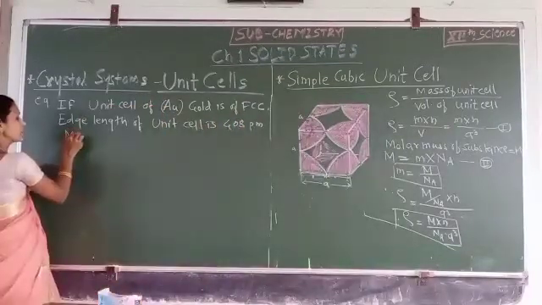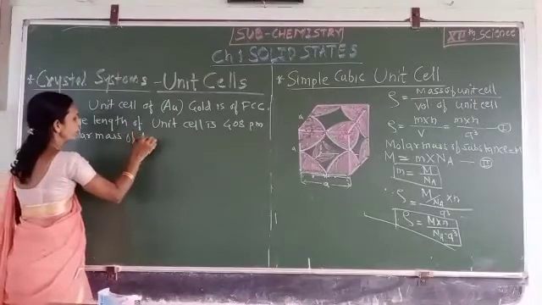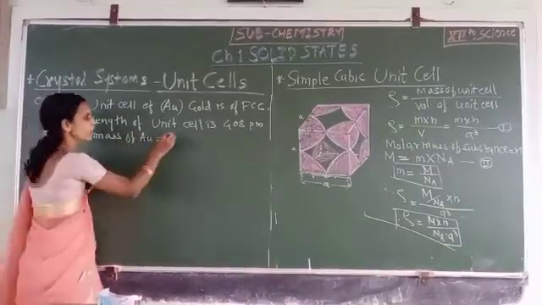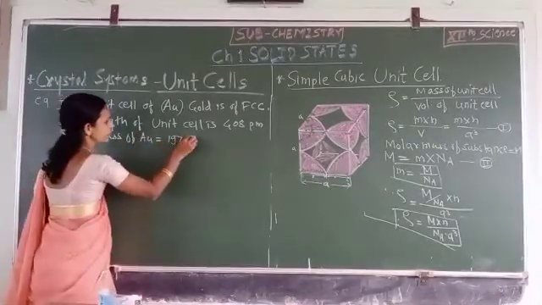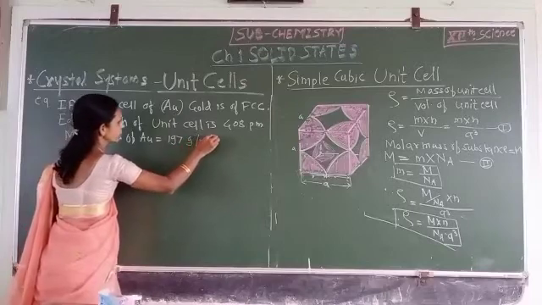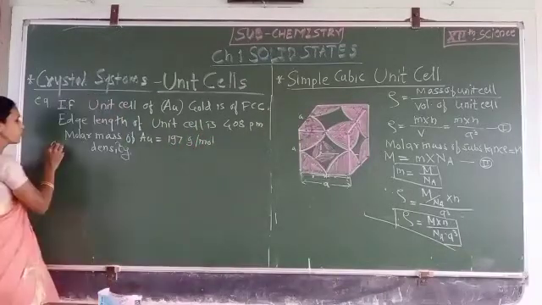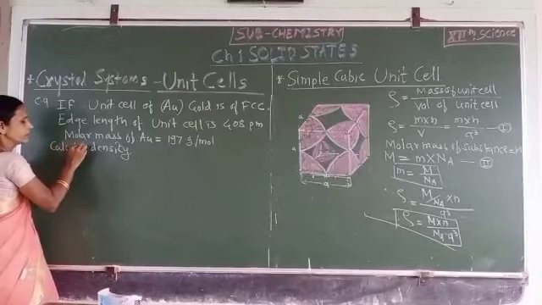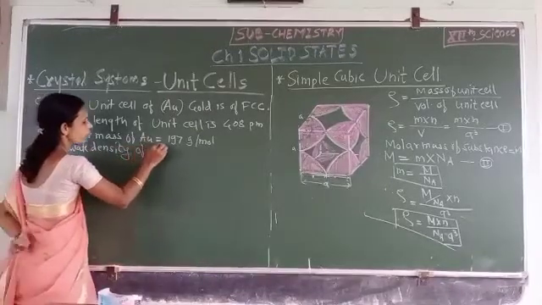The molar mass of gold is 197 gram per mole. Calculate the density of the unit cell.